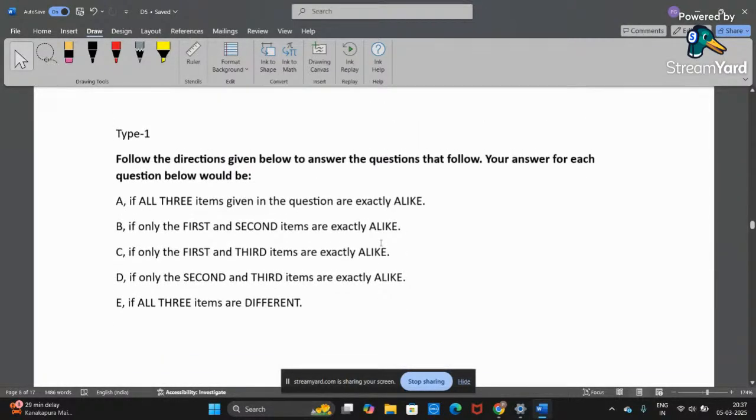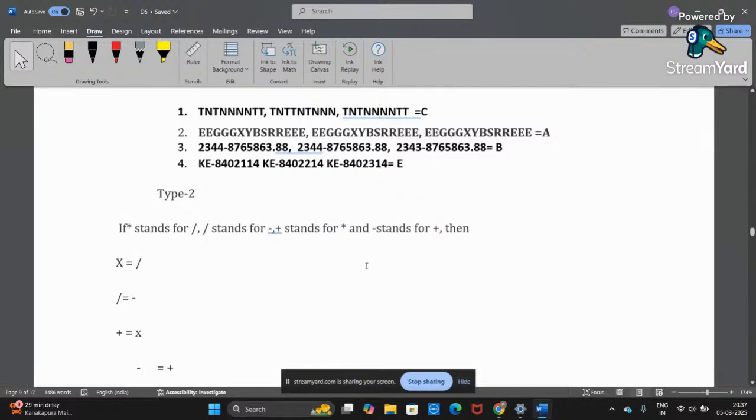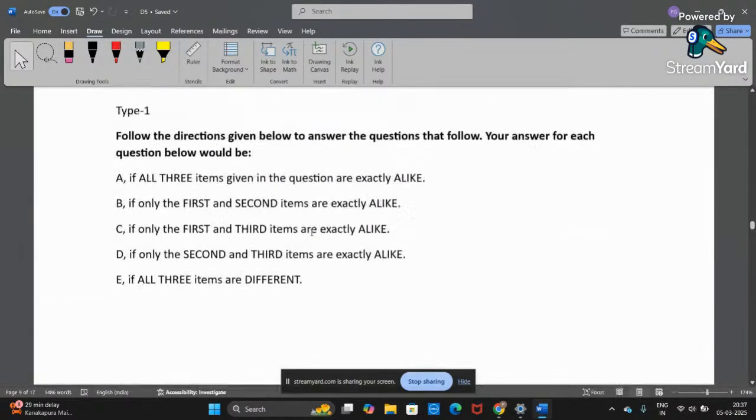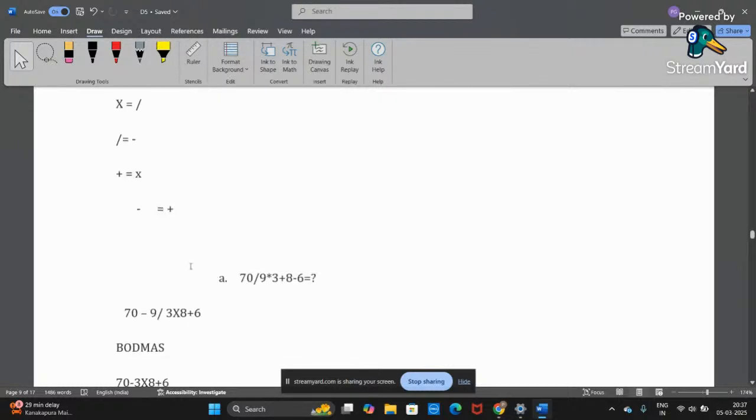In this type of question, they will give wrong or incorrect data, or spelling mistakes. See, in this type of question, we have to find which is wrong and which is correct. And here they're going to give problems.